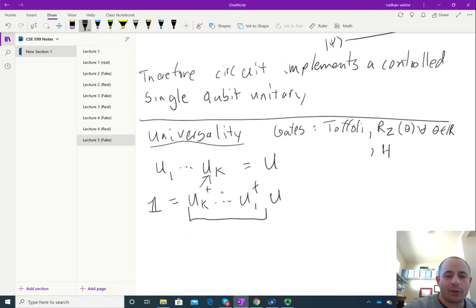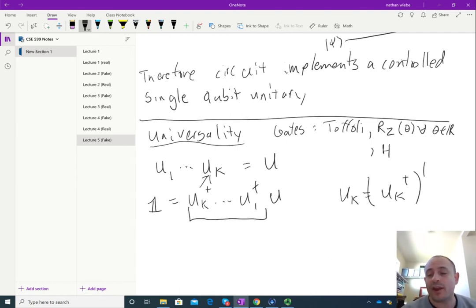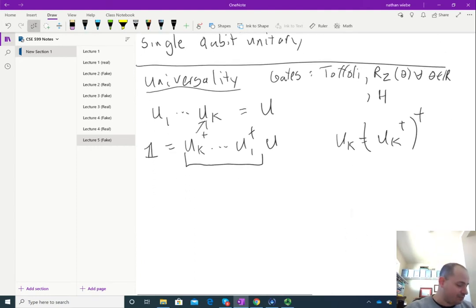I know what the first one is because I figured out what UK dagger is. I'll just use the fact that UK is equal to UK dagger dagger. That will allow us to work backwards and find the specific sequence of unitary transformations that will make this happen.